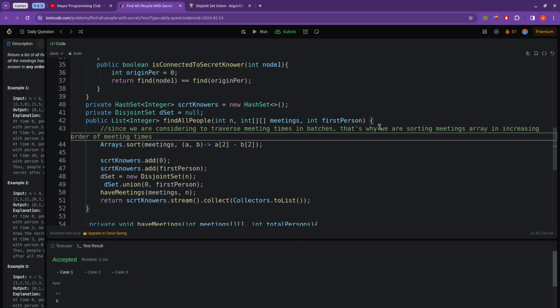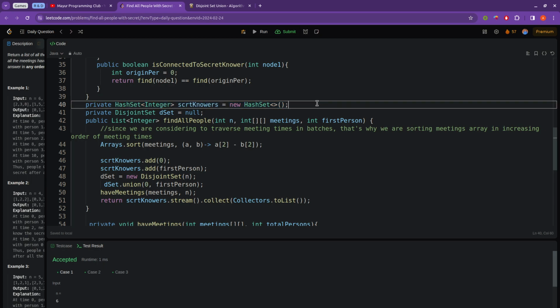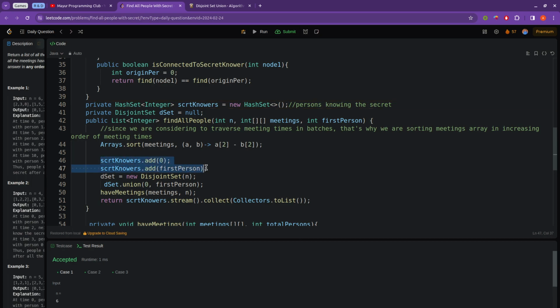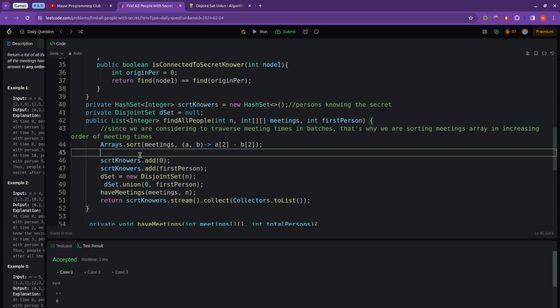Okay, so once we are done with it, we will have a hash set which will denote the persons knowing the secret. So at time t is equal to 0, these two persons will know the secret.